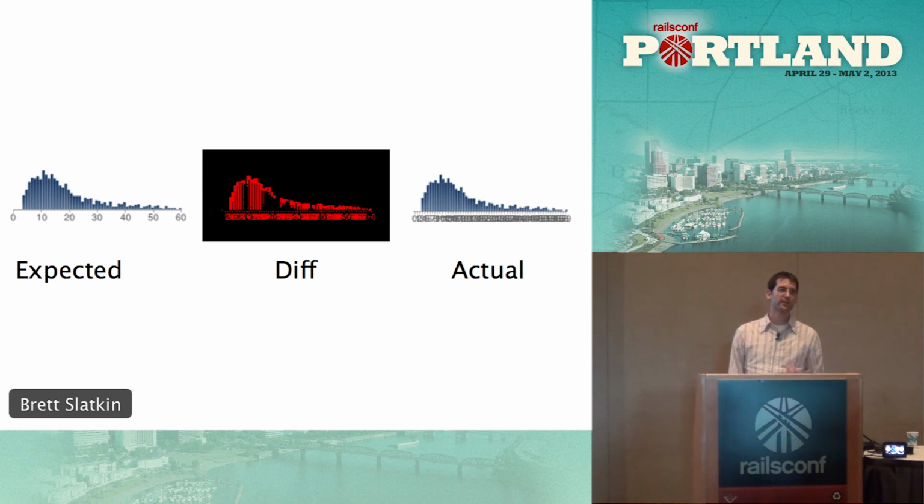And for us specifically at SwiftType, it would be amazing if we could load up the expected version of our third-party JavaScript onto a site, do a search and screenshot the results, and then load up the new version, do the same search, screenshot the results, and compare them, and make sure that they're actually the same. That would be a very powerful tool for us and would save us a lot of time.